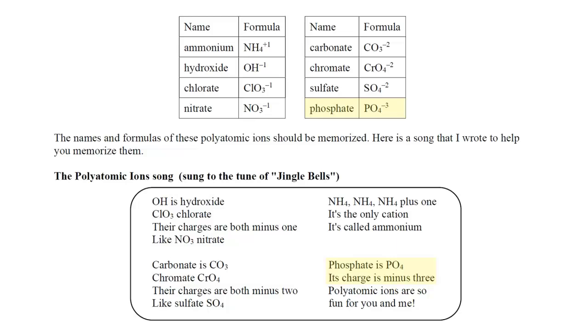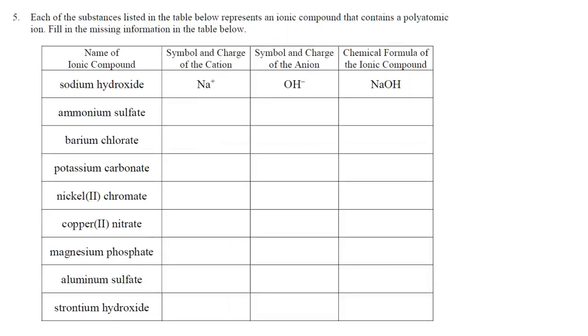Now again, if you're not a good singer or you don't think that's going to work, make your flashcards, and that would be a fine way to do it. As we take a look at the table here in question 5, I'm going to begin by finding all 8 of those polyatomic ions and filling in the table.